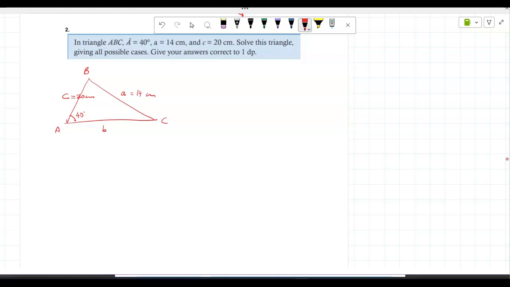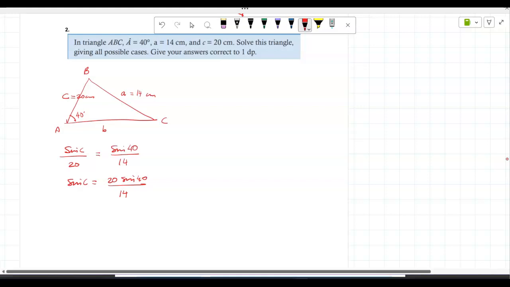So I'll do sine C upon 20 is equal to sine A upon a. So sine C is equal to 20 sine 40 upon 14. So we'll do sine inverse, open brackets, 20 sine 40 upon 14. 66.7.